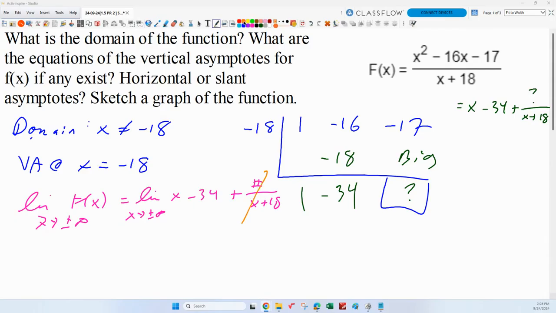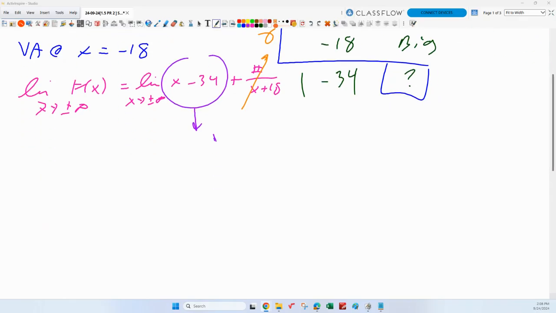And we know that that's going to shrink to 0, right? So our slant asymptote then is right there. We get a slant asymptote at y equals x minus 34. And we got it. Okay, make sense?